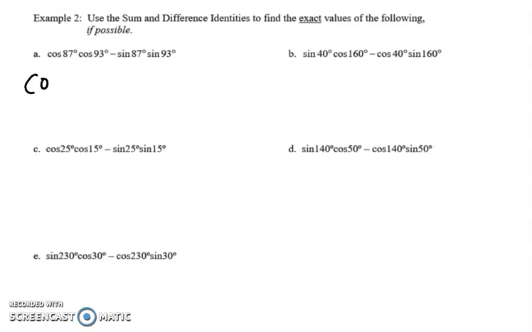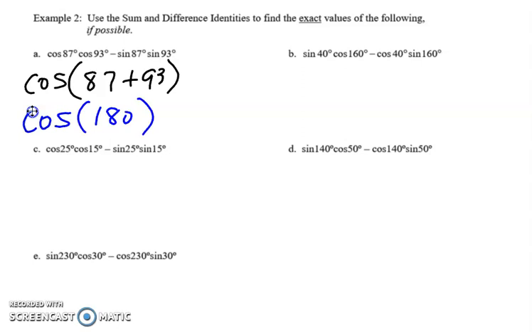So we're going to do the cosine of 87 plus 93. I know that 87 plus 93 is 180. And I know the cosine of 180, which is what? Remember where 180 is, right? It's that point negative 1, 0, cosine being x, so cosine of 180 is negative 1.